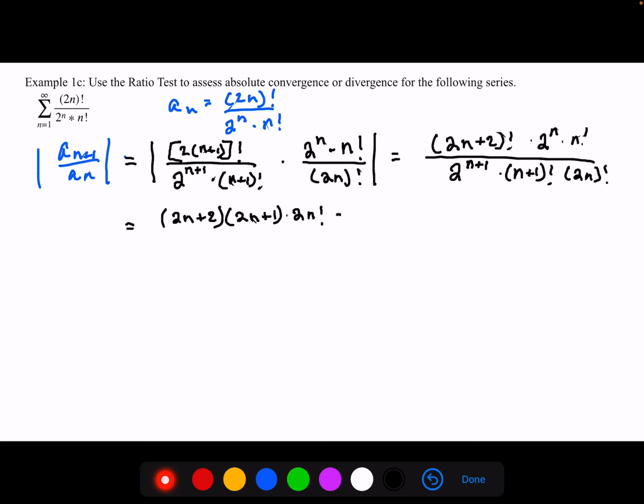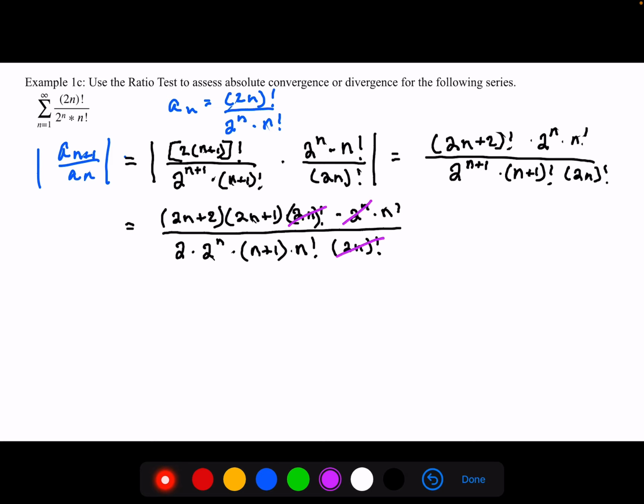In the top we still have a 2^n times n!, and in the bottom 2^(n+1) we can write as 2 times 2^n, (n+1)! is (n+1) times n!, and then we have a (2n)!. Make sure I had parentheses in the top also. And we can look at canceling terms. The (2n)!'s will cancel, the 2^n's will cancel, and the n!'s will cancel.